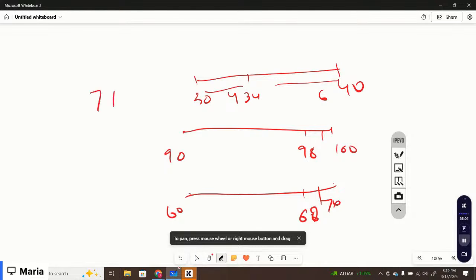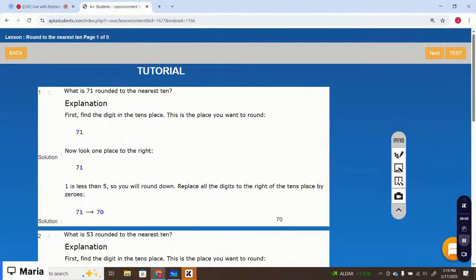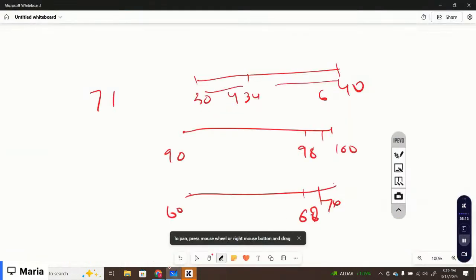Here we have another way. You are given 71 to be rounded to the nearest 10. So you are given which digit you have to round. The digit you have to round is the tens digit. On the right hand side of the tens digit, you have one digit that is 1. You have to compare it to 5. Either it is greater than 5 or it is less than 5.